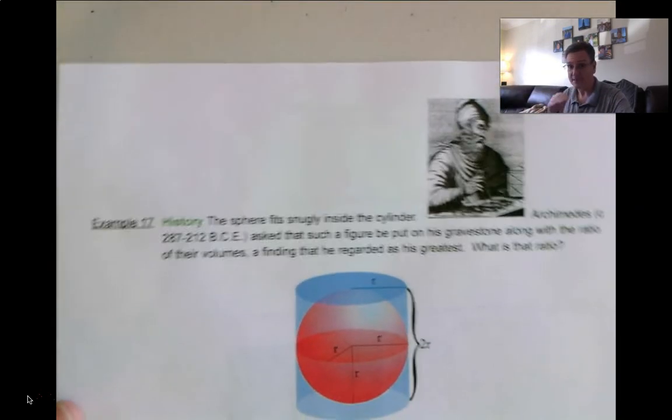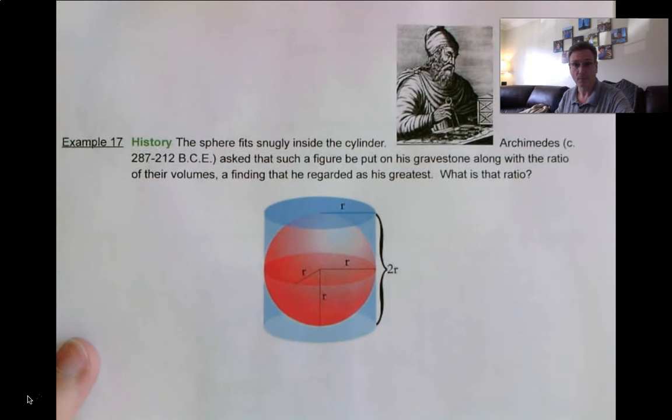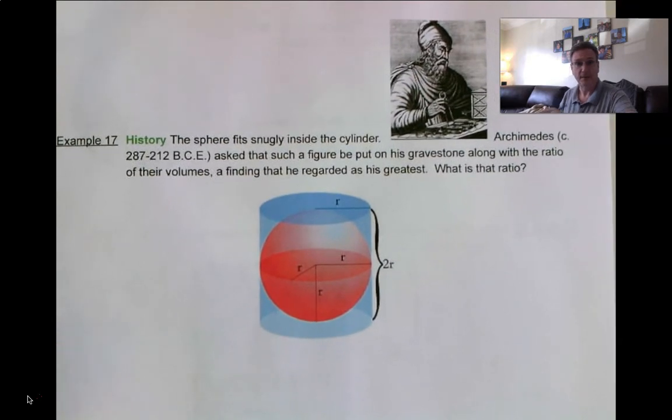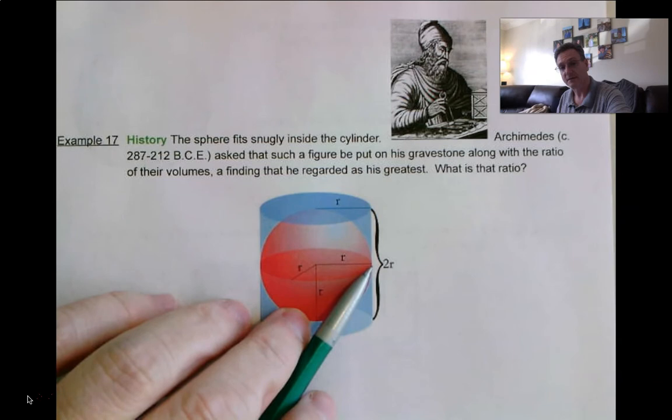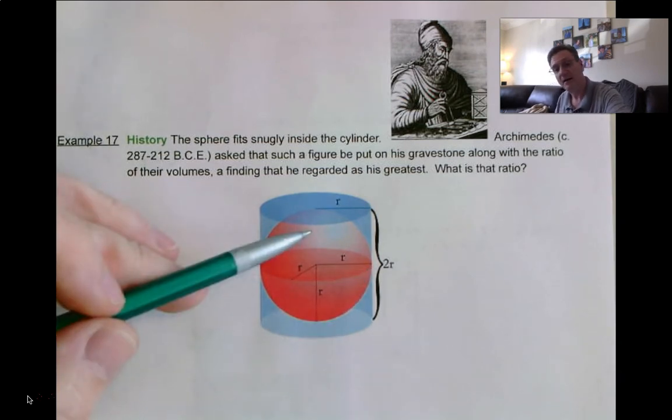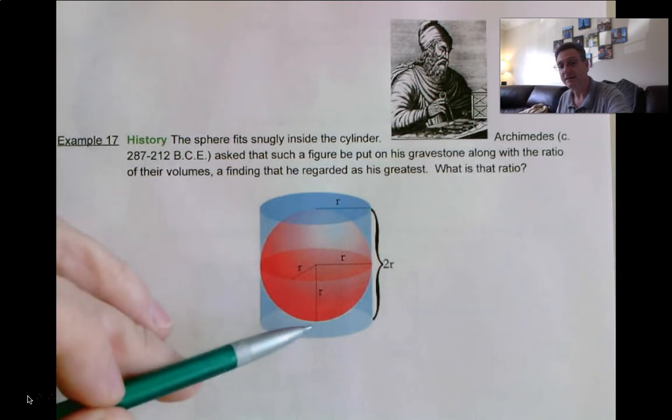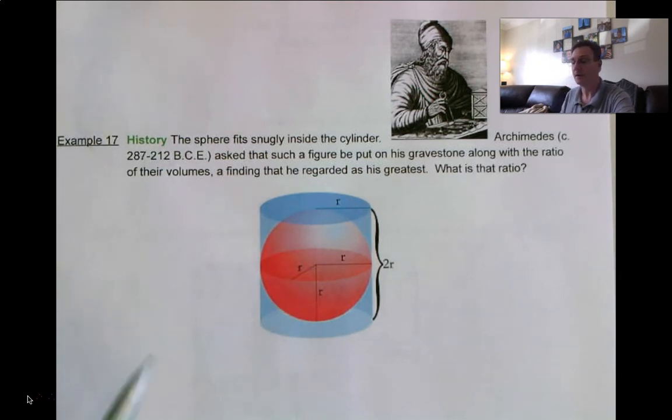All right, 17. History. The sphere fits snugly inside of the cylinder. So now, again, the radius of this sphere is the radius of the cylinder. The height of the cylinder is equal to the diameter of the sphere.